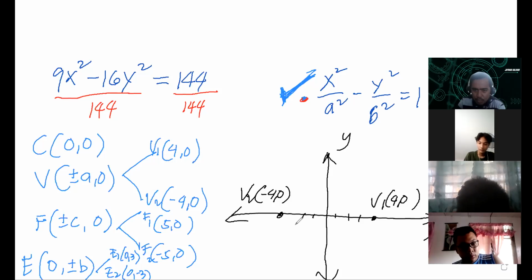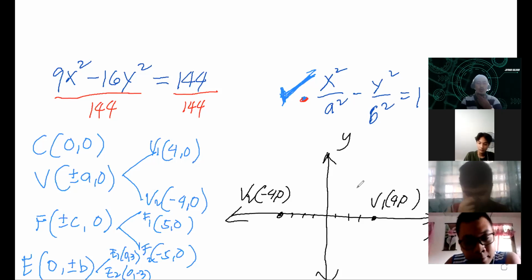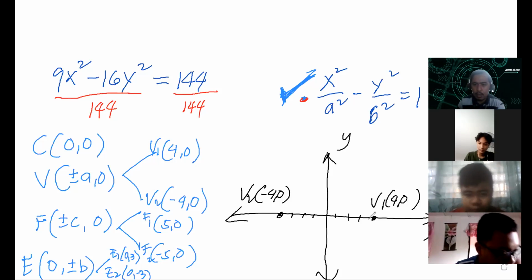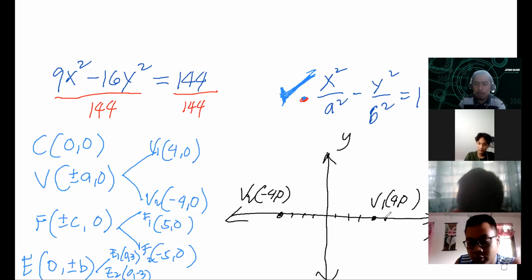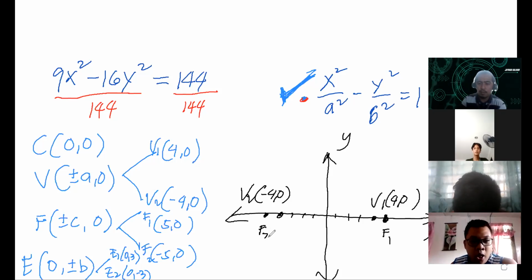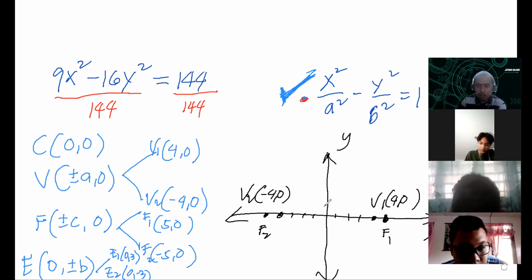While your focus 1 must be somewhere here. See it? So this is your focus 1. This is for 5. Your focus 2 is somewhere here. Your endpoints of conjugate axis 0, 3. So 1, 2, 3. This is your E sub 1. Your E sub 2 must be here.